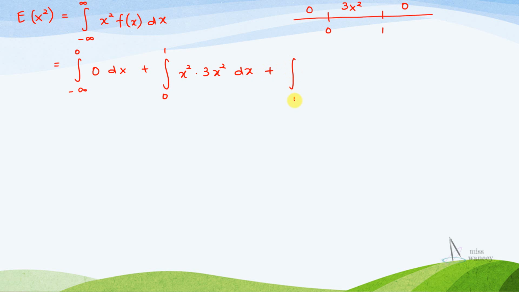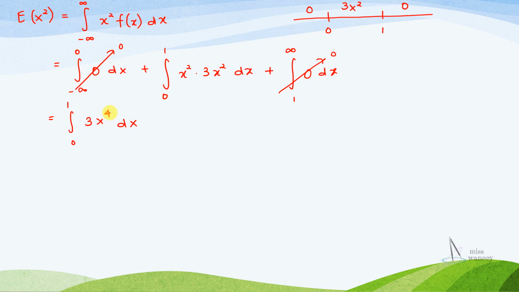Plus integrating from 1 up until infinity, x squared times 0, which is also 0 dx. So those cancel out, and we will be left with x squared times 3x squared. Simplify them a little bit before we integrate. So this is 3x to the power of 4 dx.